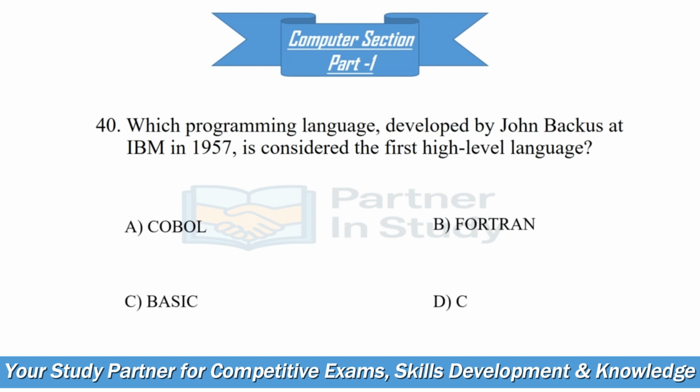Which programming language developed by John Backus at IBM in 1957 is considered the first high-level language? The right answer is option B, Fortran.